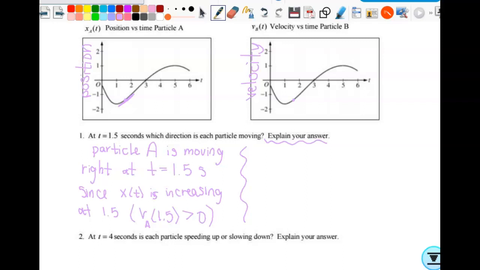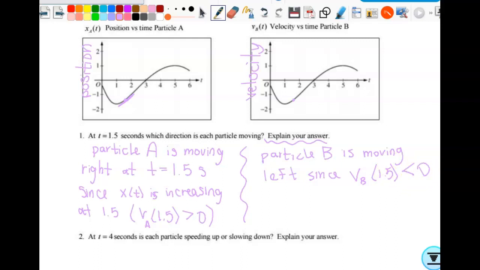Velocity is negative, less than 0, below the x-axis. Okay. What did y'all say? Velocity is negative, right? Graphically, negative is below the x-axis. So particle B is moving left since velocity of particle B at time 1.5 is less than 0.